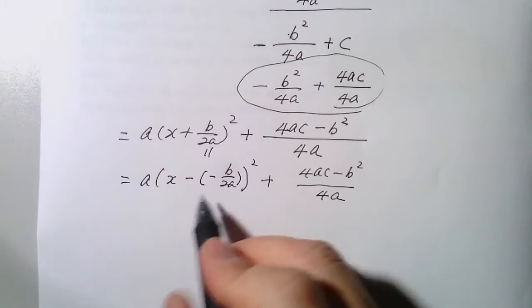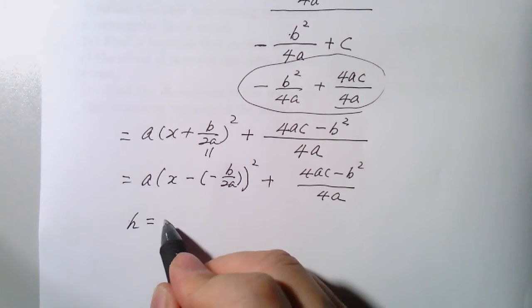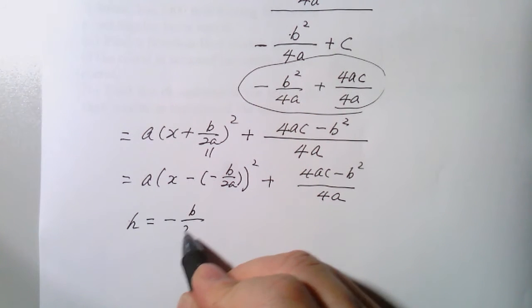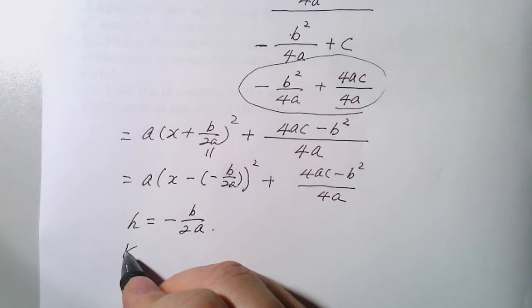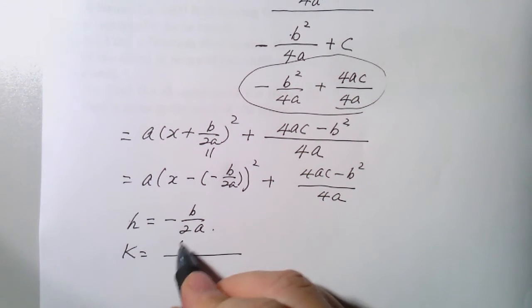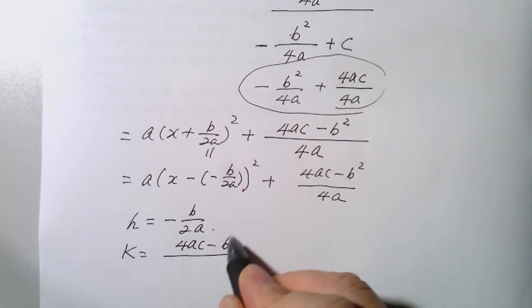This is equal to a times x minus negative b over 2a, squared, plus 4ac minus b squared over 4a. So now you can see h equals negative b over 2a, and k is simply equal to 4ac minus b squared over 4a.